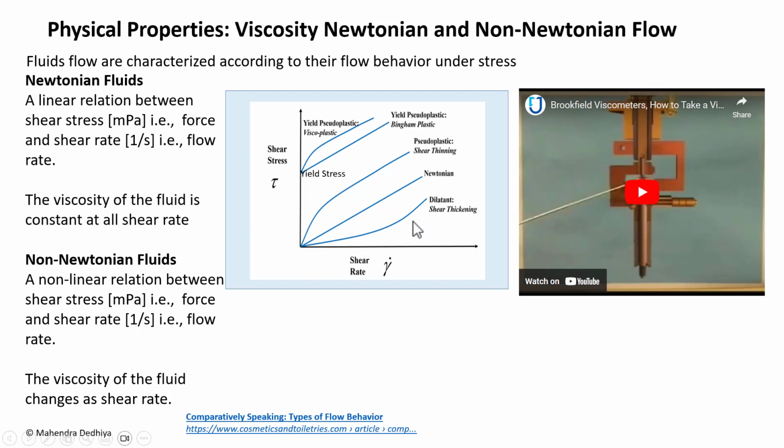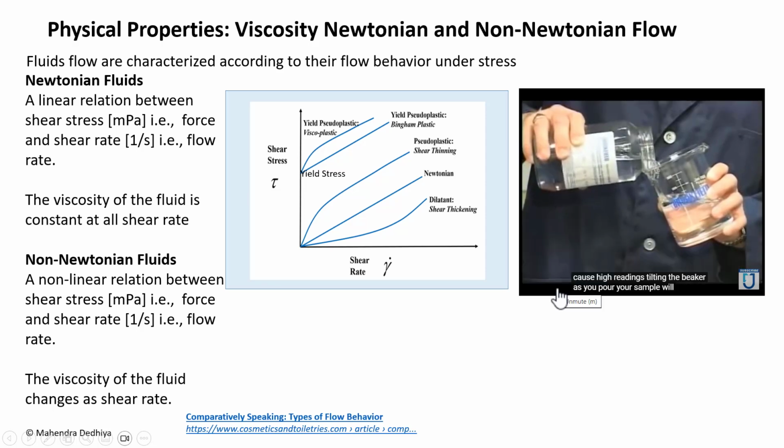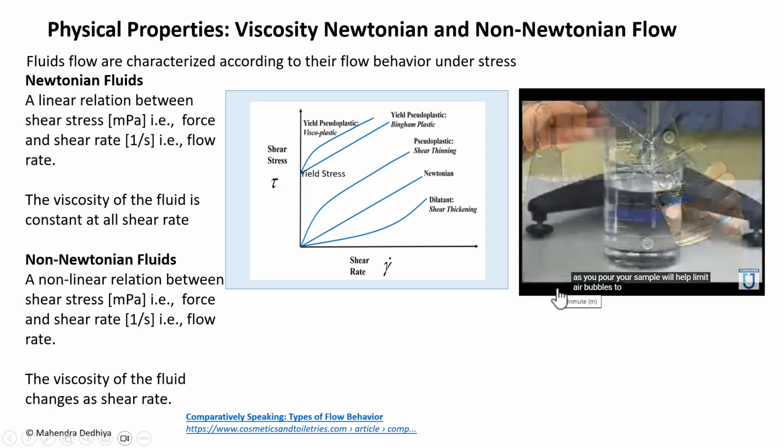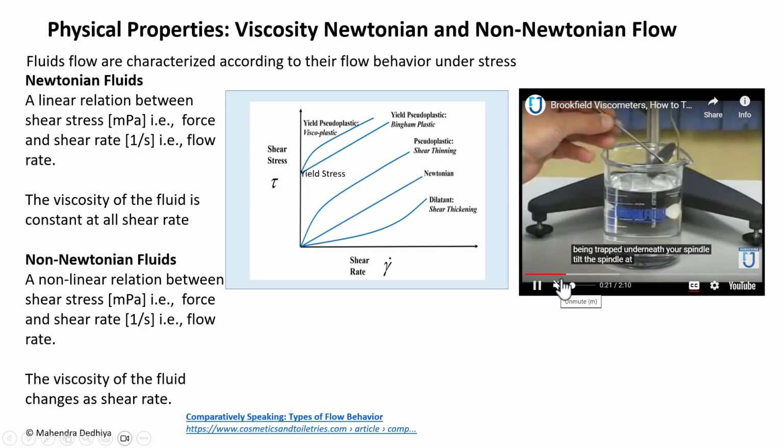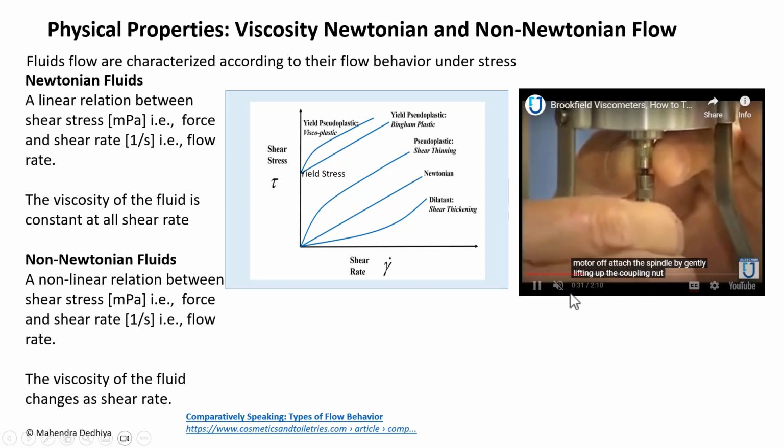So how do we measure shear stress and shear rate? We measure using a viscometer that allows us to change the shear rates without resampling. Let's look at the video. It's important to not introduce bubbles in the test medium. It has to be adjusted properly.